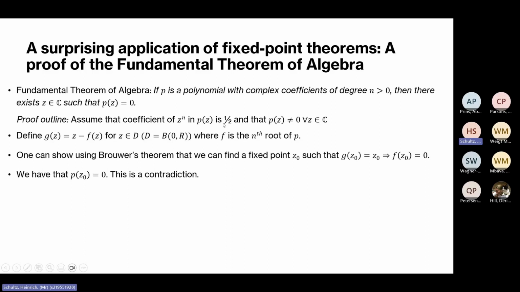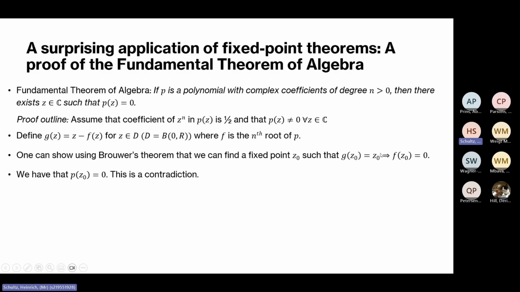After some calculations, we are able to define a new function, g of z, which is equal to z minus f of z, for z in D, where D is a closed ball centered around 0 with radius big R, and f is the nth root of P. Then we can show using Brouwer's theorem that we can find a fixed point z0 such that g of z0 is equal to z0.